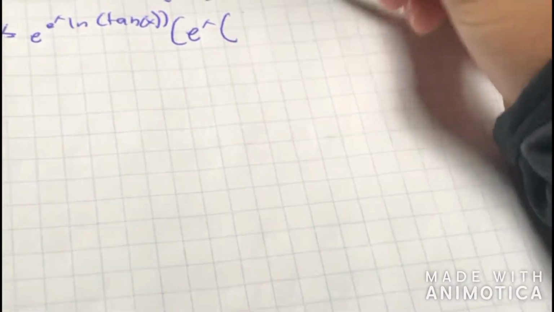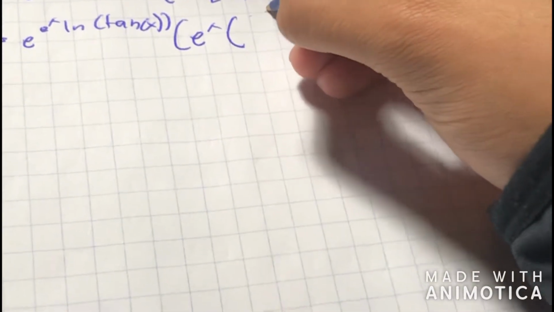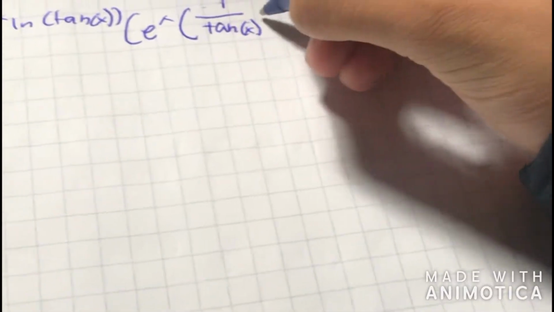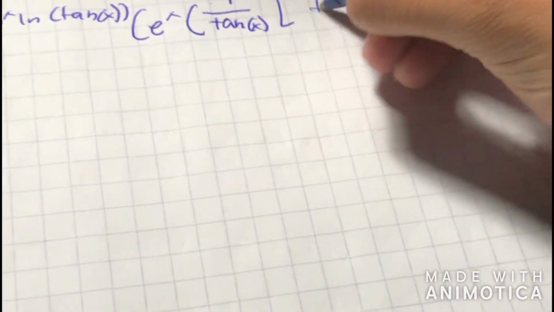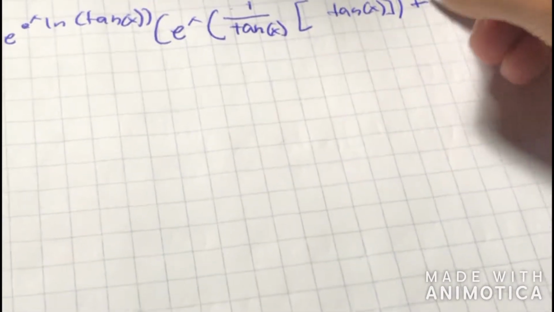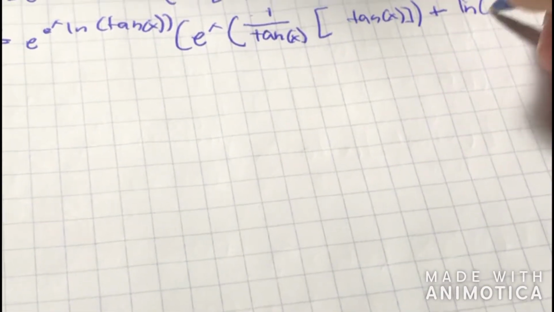Now instead of putting this, we're gonna change it to 1 divided by tan of x, multiplying tan of x plus ln tan of x, and this e right here.